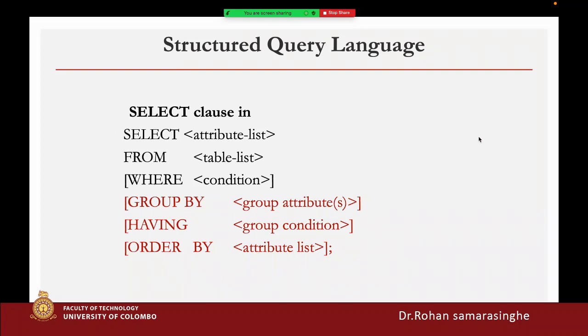Select the attribute list, from the table list that you want to connect, and where the condition. In part 1 we discussed only these three. In part 2 we have to discuss group by, having and order by, these three keywords also.